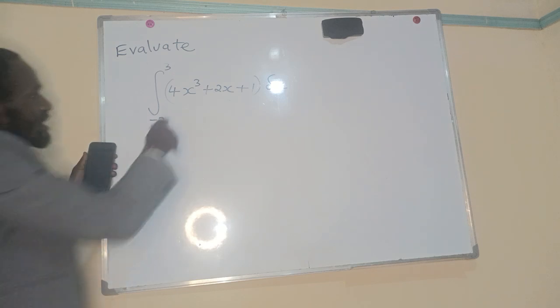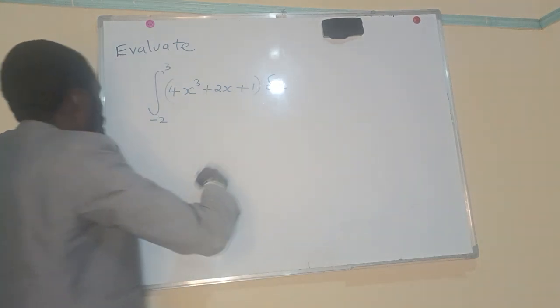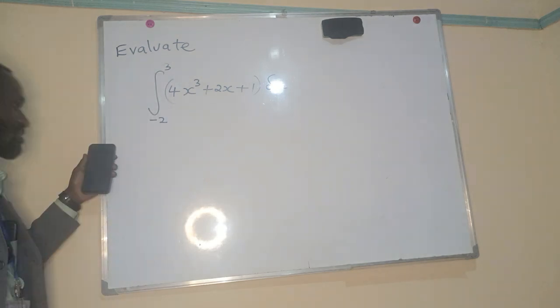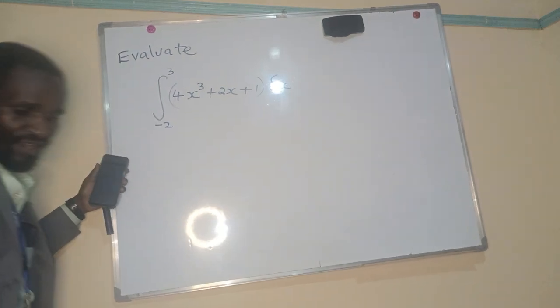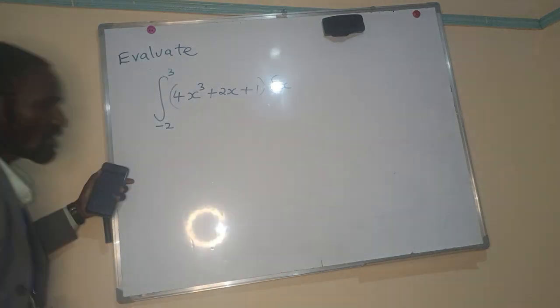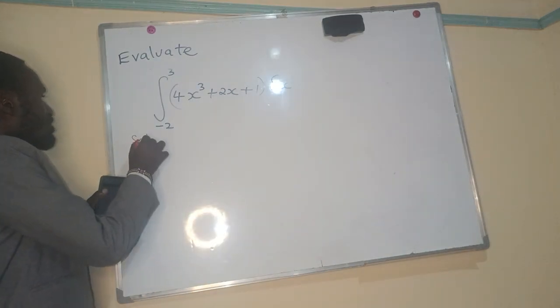So we first integrate this equation with respect to x and use these limits. We shall first have the equation getting well integrated. So I'll give the solution to the question.